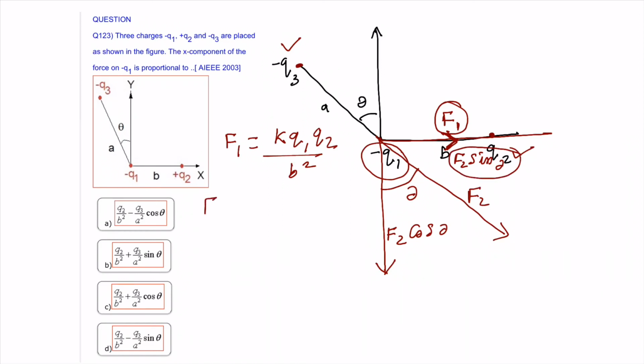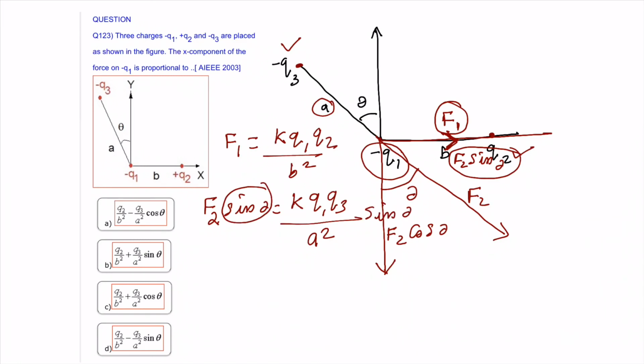So what is F2 sine theta? F2 means what? K Q1 Q3 by A square, right? According to Coulomb's law. And sine theta, you can simply write sine theta there. Now total force is what? F1 plus F2 sine theta is the total force along the x-axis, right?